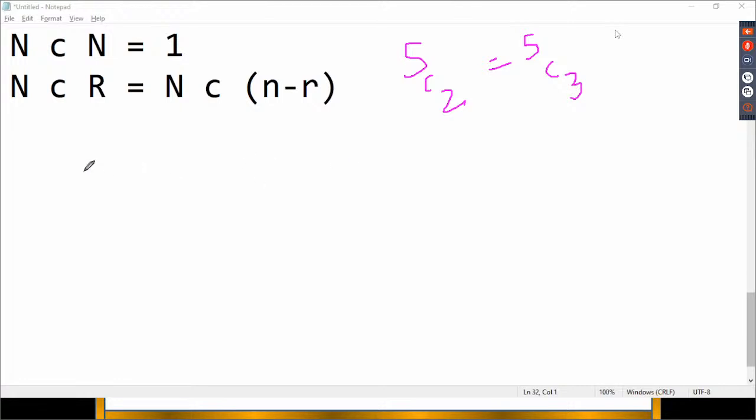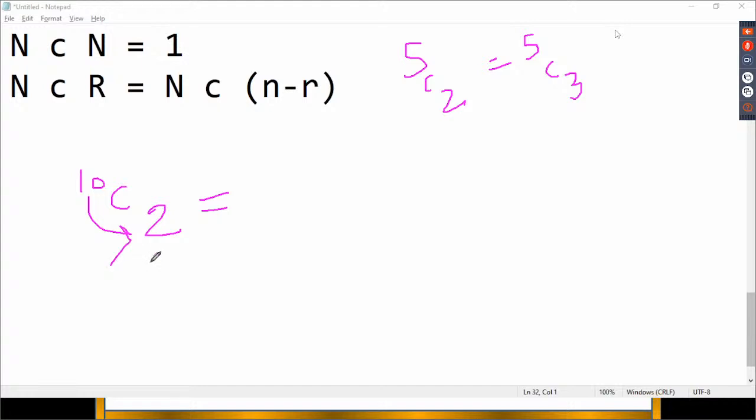So from the exam point of view, remember everyone, important point: 10C2. How to find the 10C2 value in general? 10 factorial by 10 minus 2 factorial into 2 factorial. But don't do like that. Everyone, please look into this, important and different one.